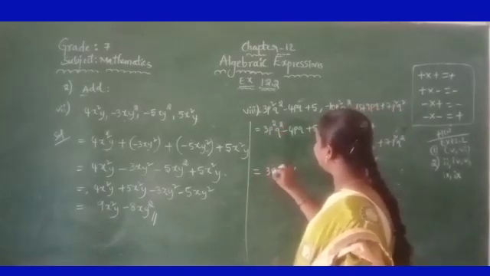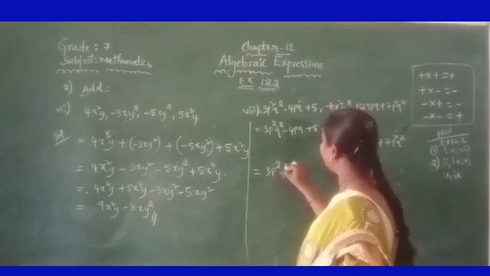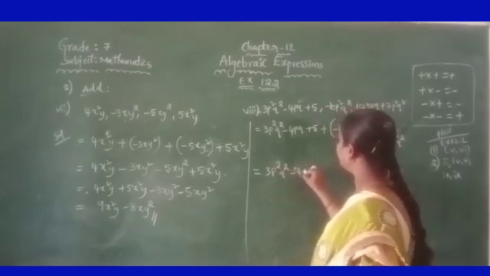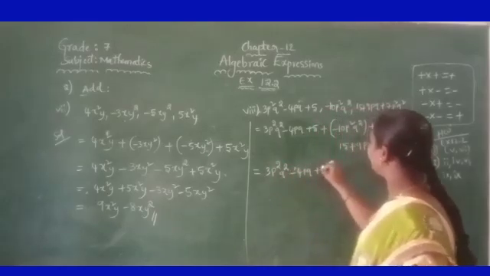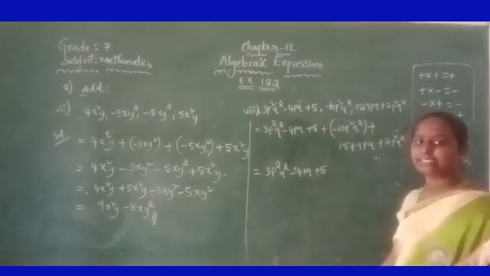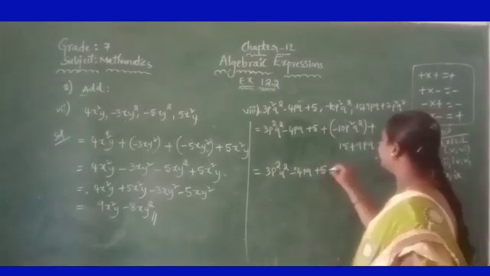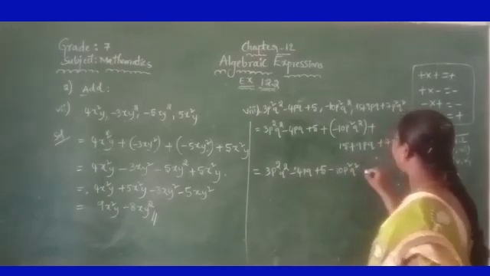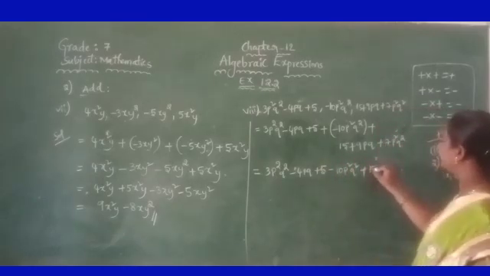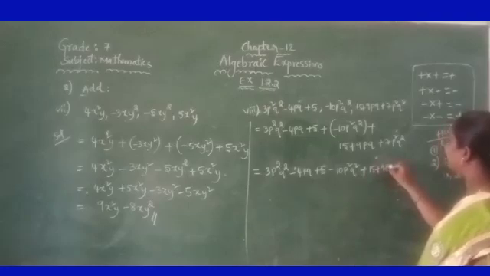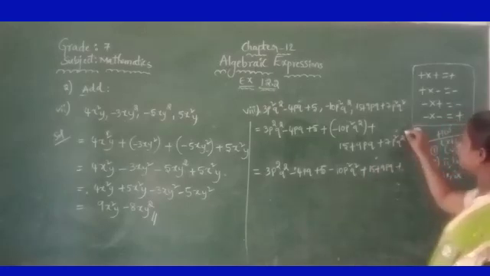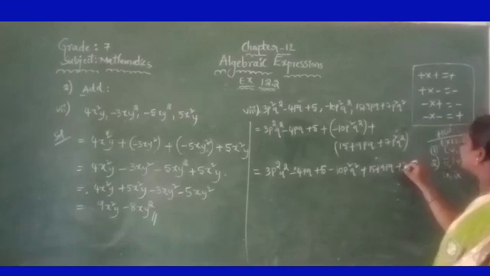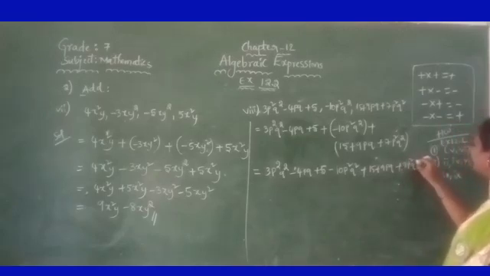Now simplify: 3p square q square minus 4pq plus 5 plus into minus, so that is minus 10p square q square plus 15 plus 9pq plus 7p square q square.